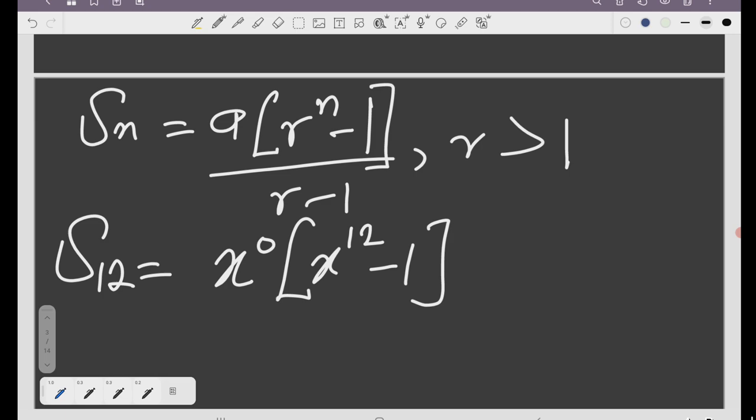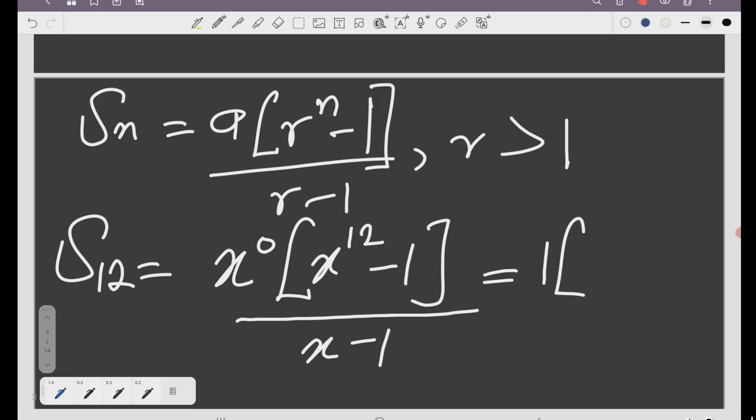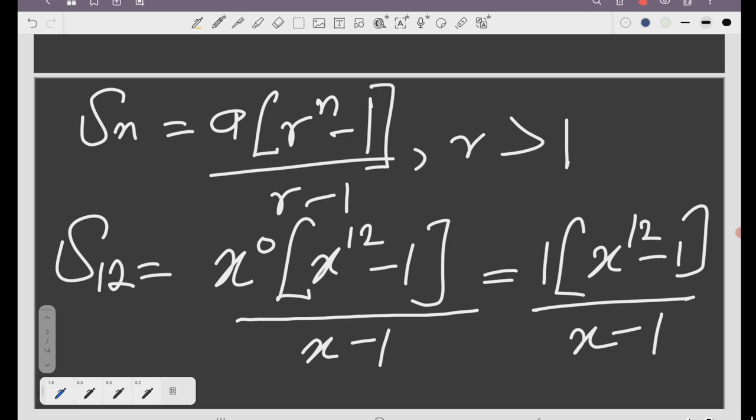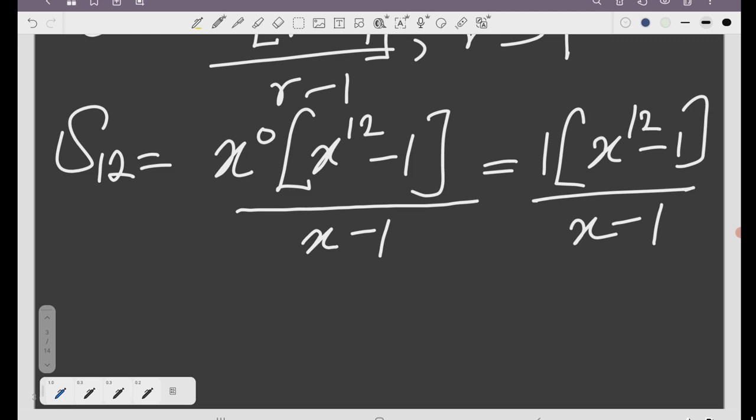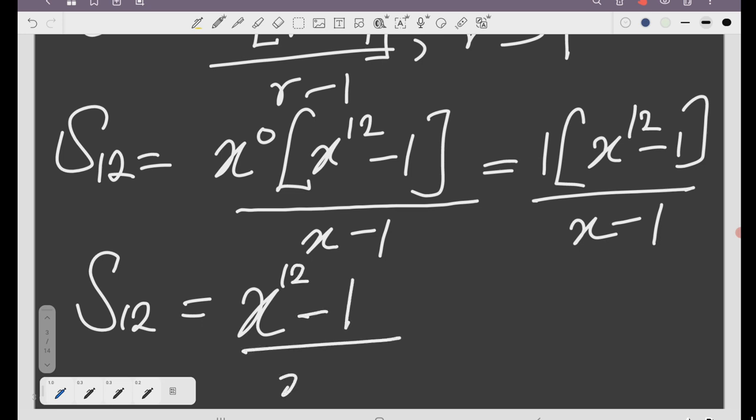the value of our r, which is x minus 1. So the sum of 12 terms will give you 1 into the bracket of x raised to the power 12 minus 1 divided by x minus 1. So the sum of the 12 terms is x raised to the power 12 minus 1 over x minus 1.